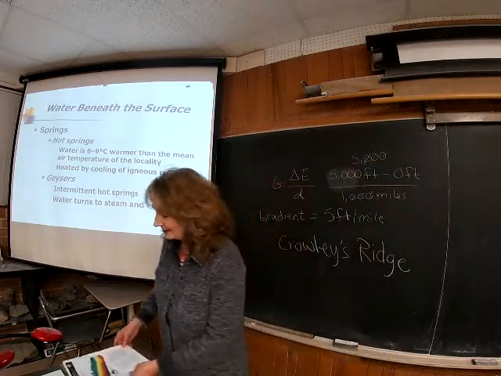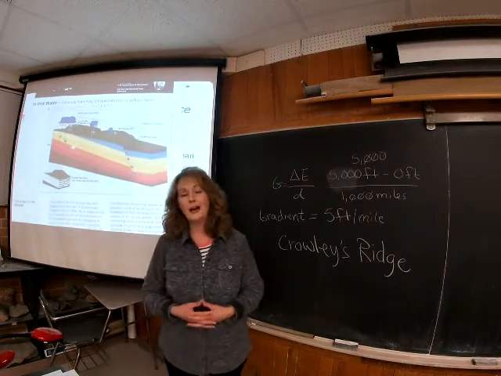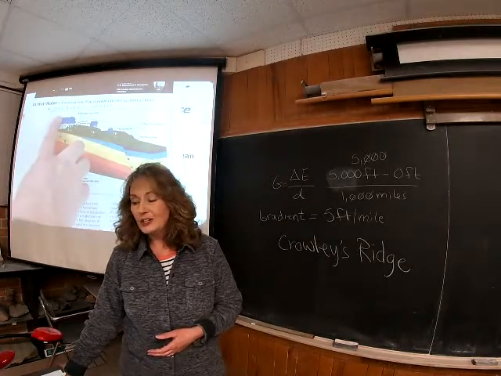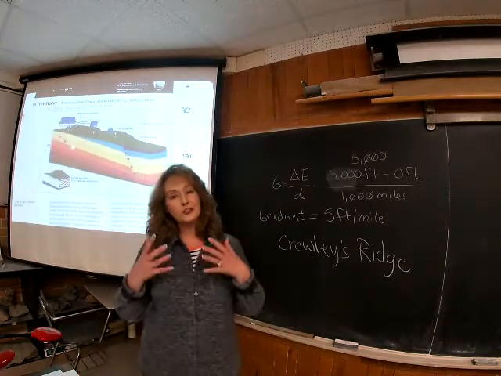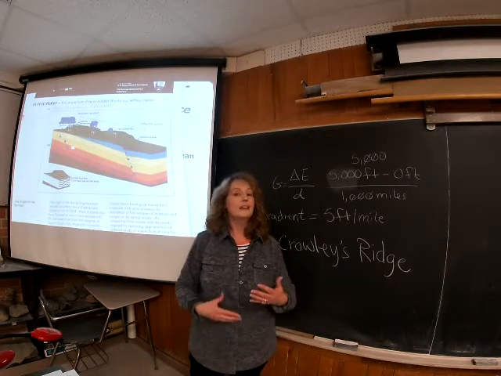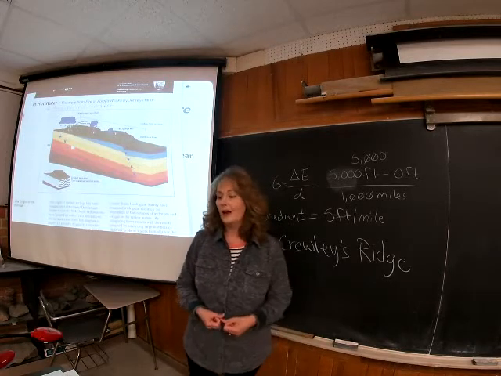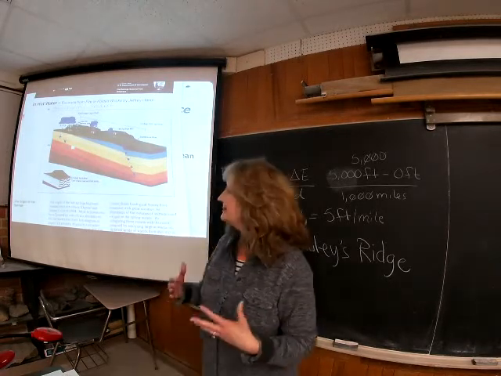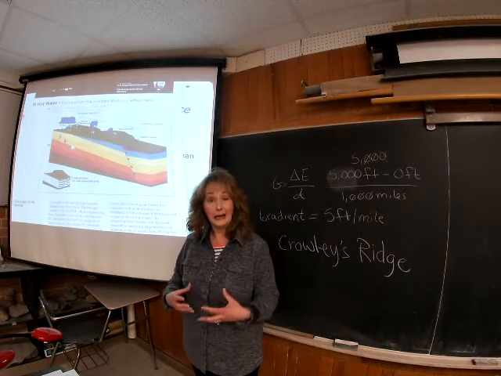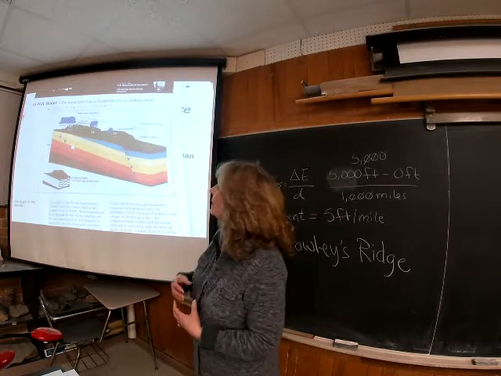The hot springs that we have here in Arkansas are being warmed by what we call, and I've written it down here, so maybe you can write it down, geothermal gradient. So as you go down towards the interior of the earth, there's actually a warming as you're getting closer and closer to the core. We're not going that deep, but as we go inward within the earth, yeah, it gets warmer as you go down in the earth.